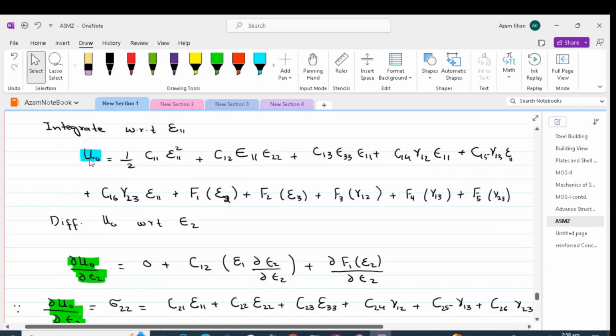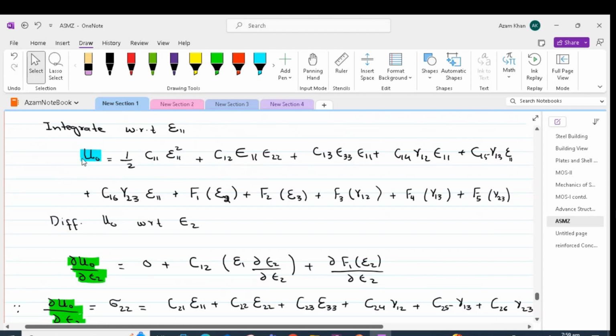We can differentiate this expression with respect to epsilon 22, and we will get C12 epsilon 11 partial epsilon 22 by partial epsilon 22. The first expression will be 0 because epsilon 11 is considered not to be dependent on epsilon 22. The other expressions will also be 0 except the function of epsilon 22, which is written over here.